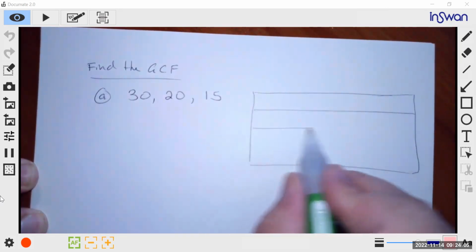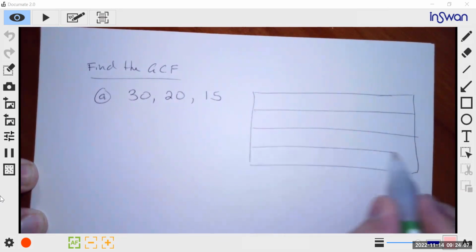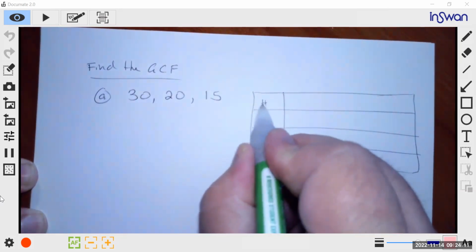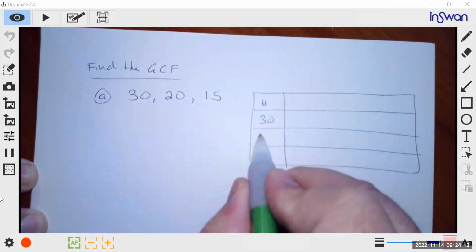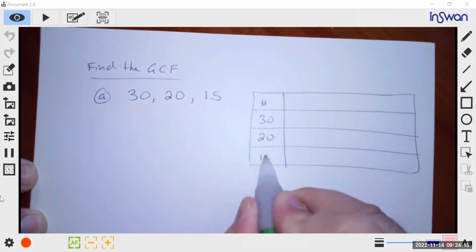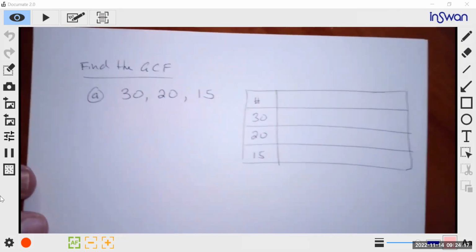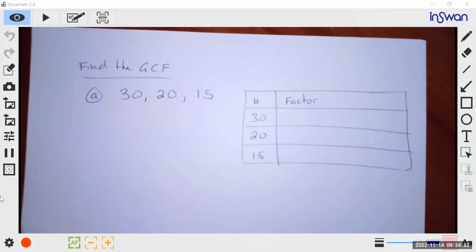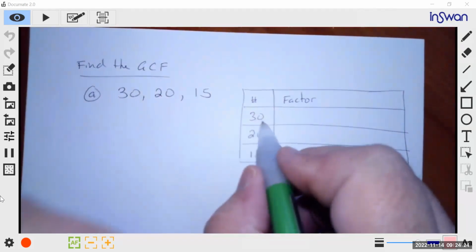The first thing we have to do is factor the numbers. So we have 30, 20, and 15. Factor them. What is 30 factored into?